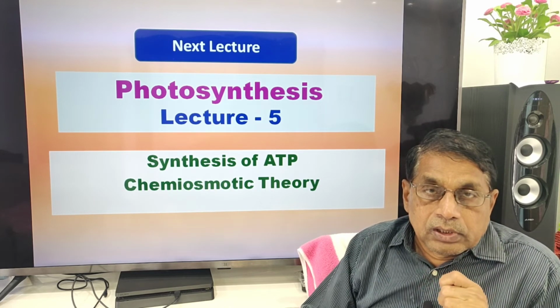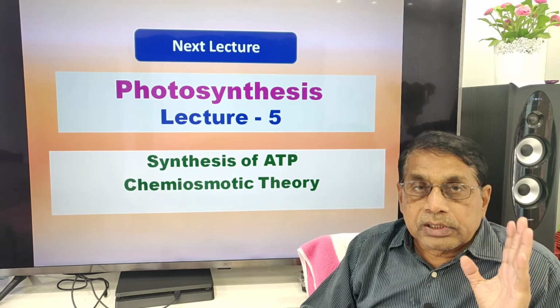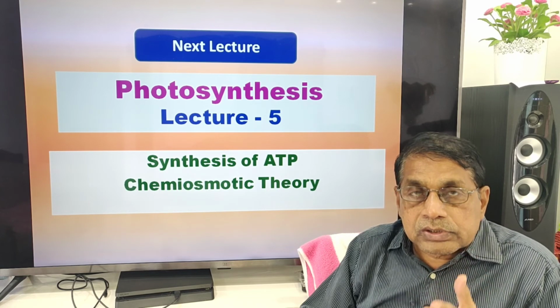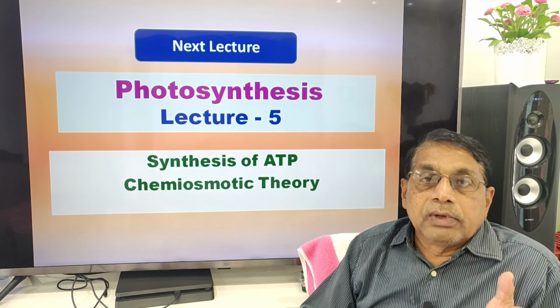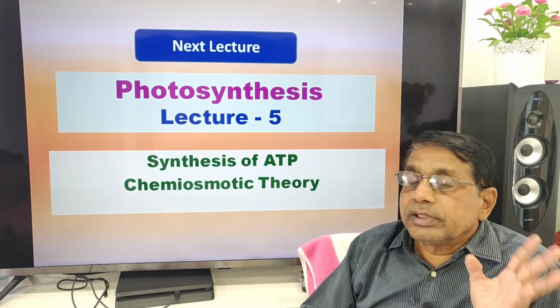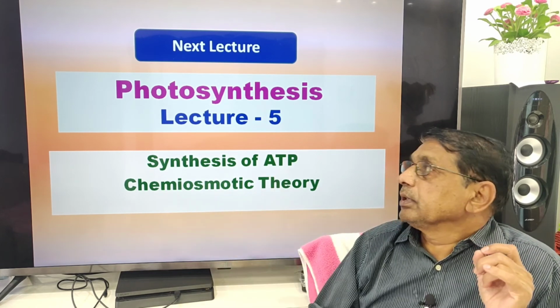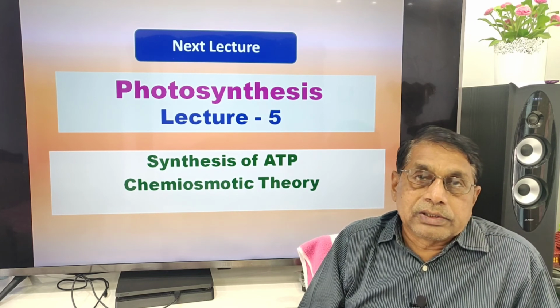We have understood that in non-cyclic photophosphorylation, ATP is synthesized at two places, in cyclic at one place, and this synthesis of ATP is called photophosphorylation. But what is the mechanism involved? That mechanism is explained through the chemiosmotic theory that we will understand in the next lecture.